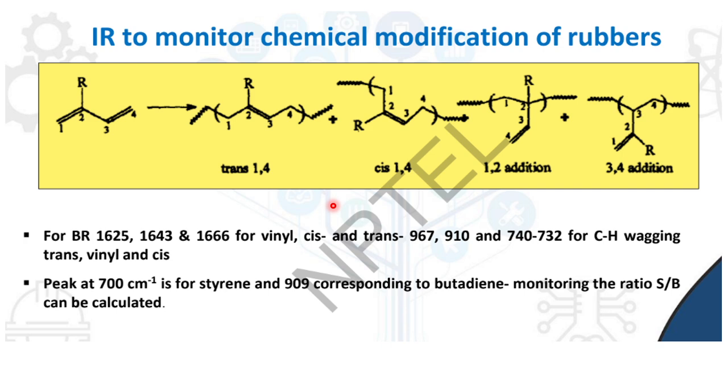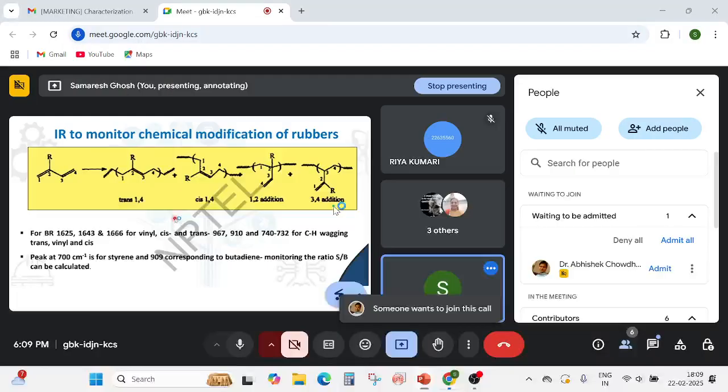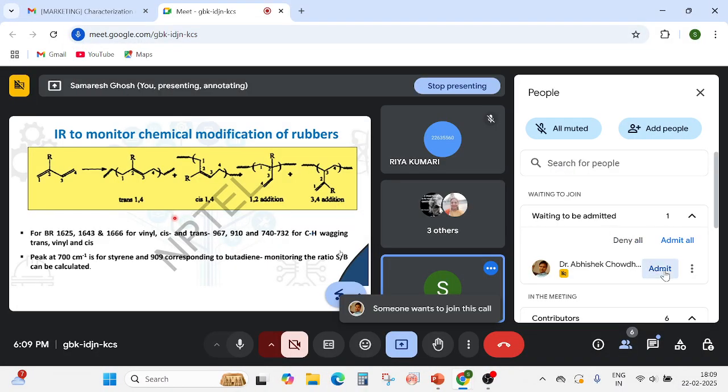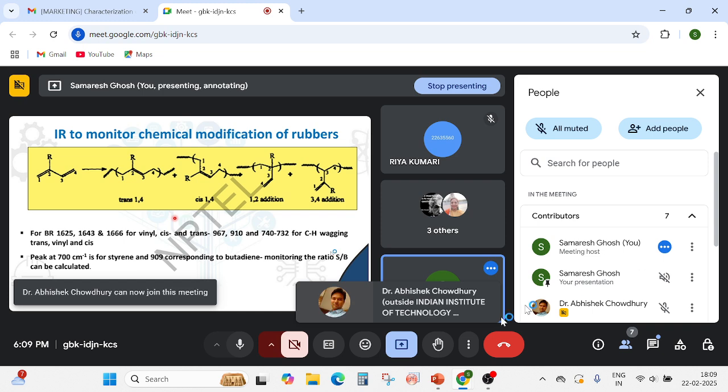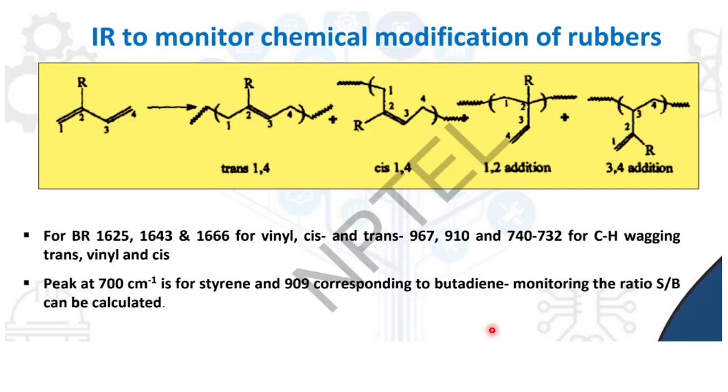That is because of the carbon hydrogen of the benzene ring. For any SBR type of material, you will get a very characteristic peak around 700 centimeter inverse if you do the FTIR. That is because of the styrenic hydrogen.